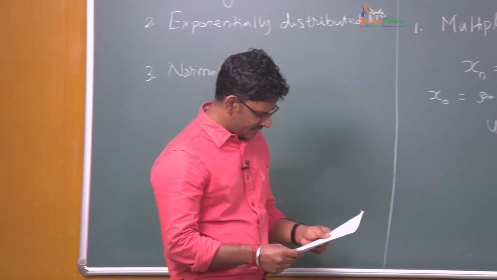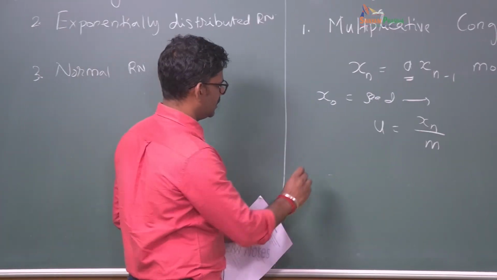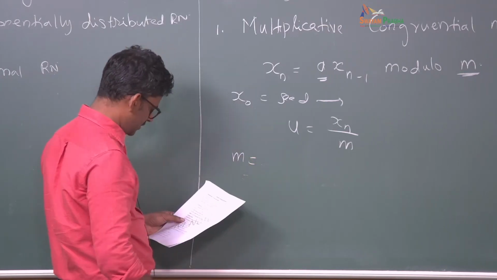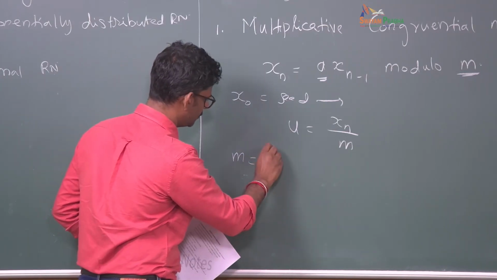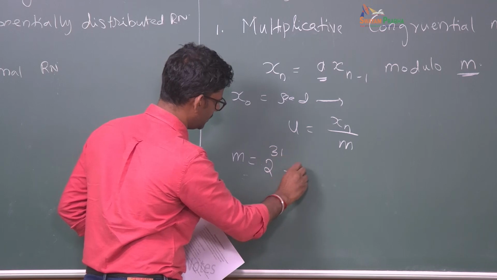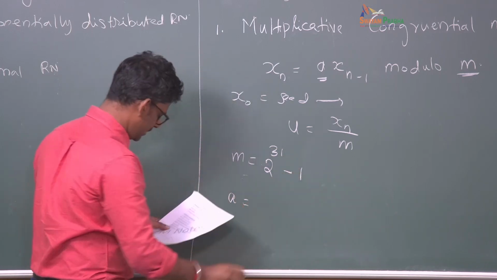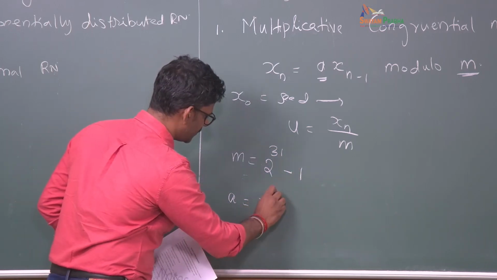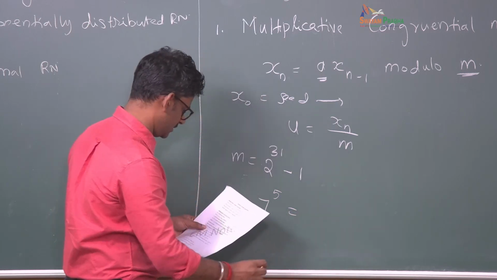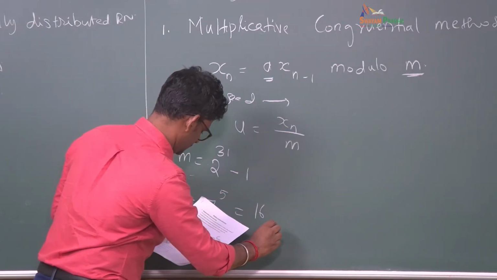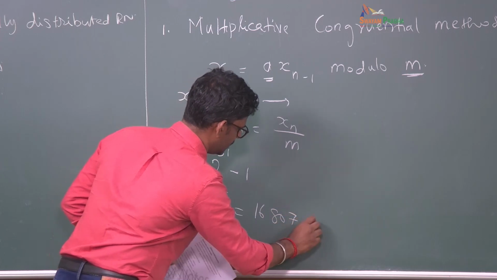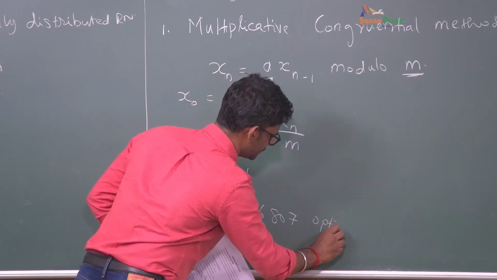So typically what happens is, for a 32-bit machine, m is equal to 2^31 minus 1, and a is taken to be 7^5, which is 16807. These are actually optimized variables.